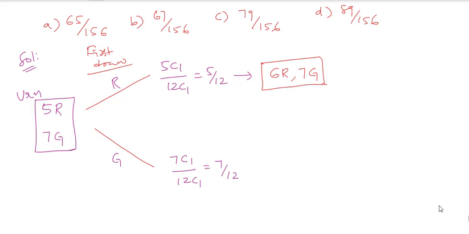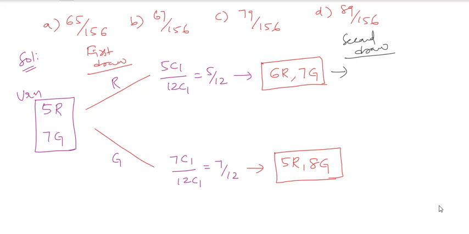So this problem is somewhat a deviation from the earlier problem. Here they replaced it with another ball of the same color. Suppose it is a green ball. Already 7 green balls are there, and one more green ball is added, so that is 8 green balls. The rest of the things will be the same.